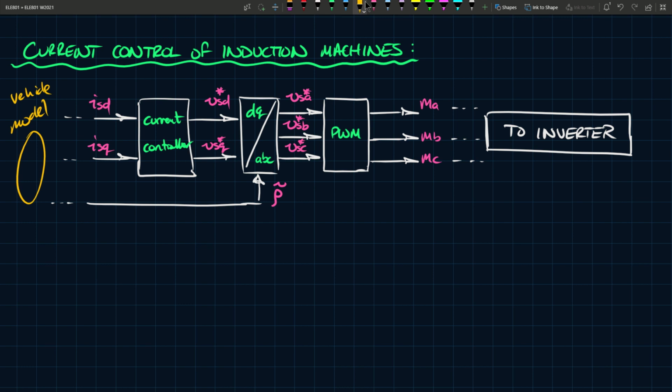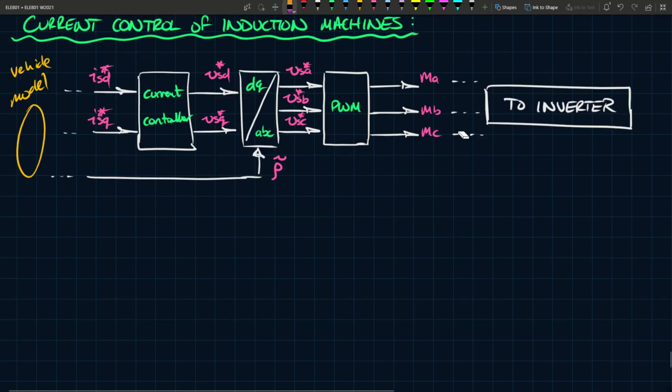And again, this is from a previous video where we've actually generated these currents. Well, they're reference currents, so I should probably include the stars here as well. So based on these quantities, we will look at how we can actually control the current and generate VSD and VSQ to give us the voltages we need.